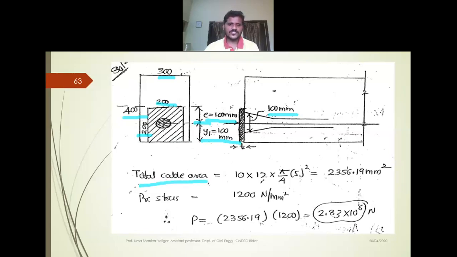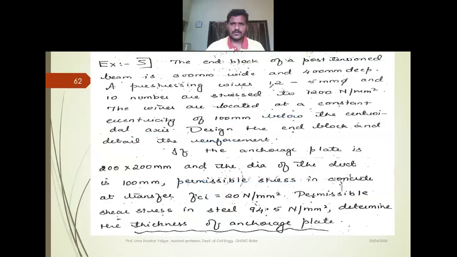The total cable area is equal to, okay, he has given both, there are 12 numbers and also 10 numbers. We have 12 numbers of 5 mm dia and 10 numbers are stressed.